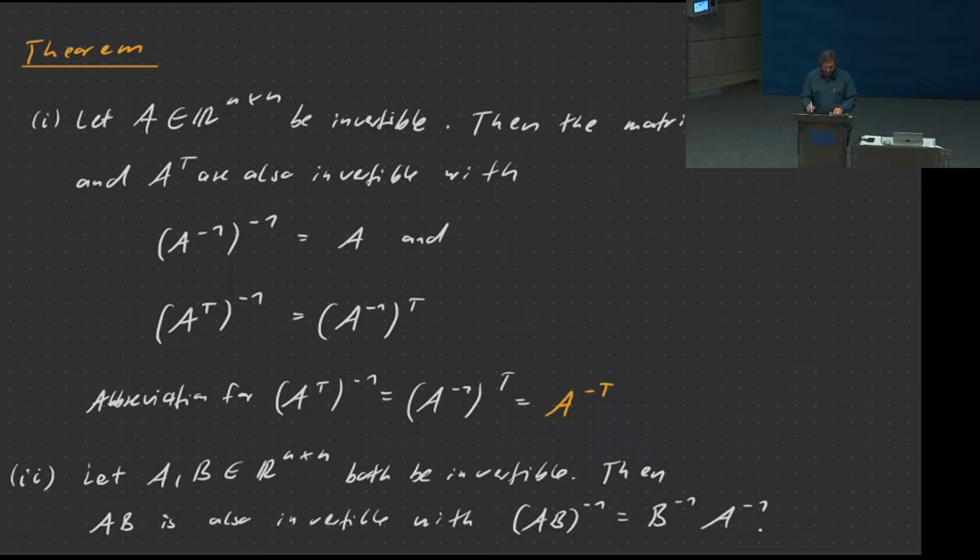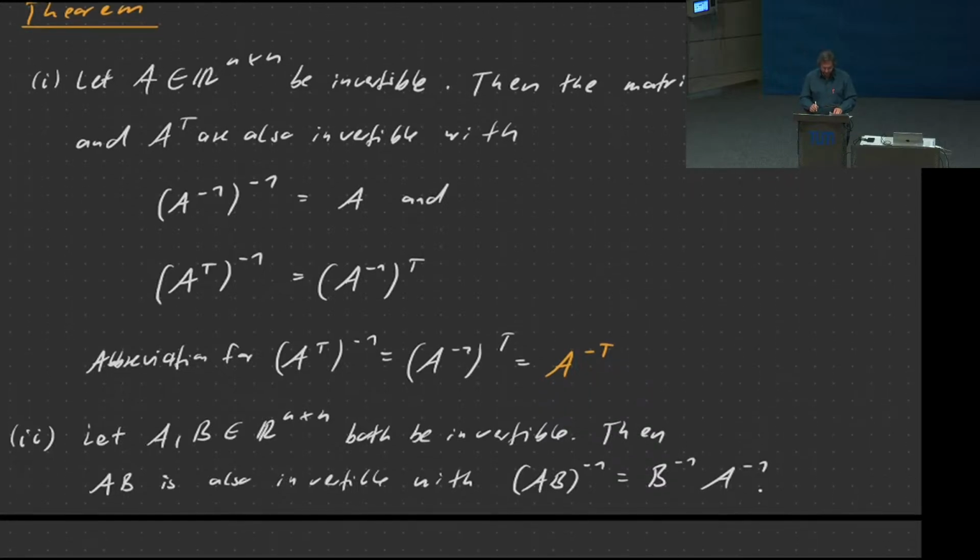Now, if a matrix is invertible, then of course its inverse is also invertible, and it does what you'd expect it to do. The inverse of the inverse is, again, the matrix itself. Yeah? Same with real numbers. 1 over 1 over A is A. So if you invert twice, same thing as not doing anything.